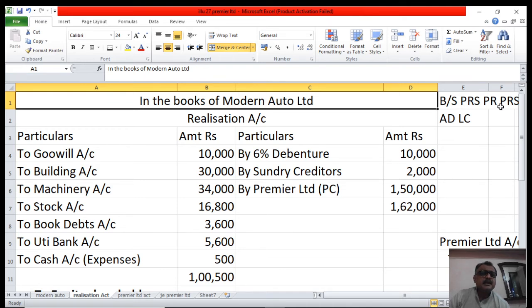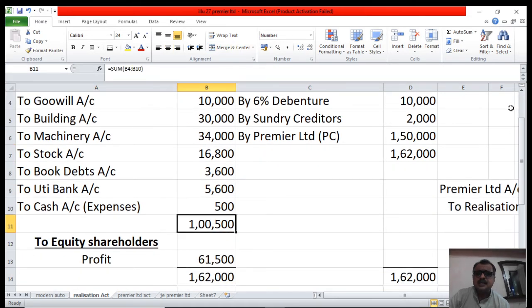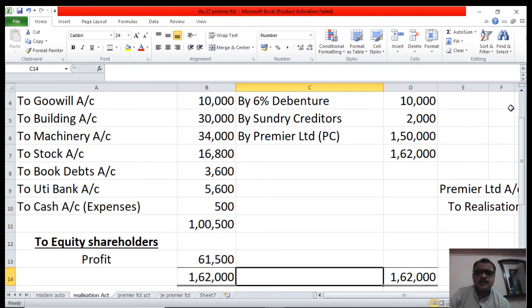Then P stands for payment to preference shareholders, there is no transaction. R stands for realization account closed. Now we will close the realization account. We will take the total of debit side and credit side. The debit side total is 1,50,000 and the credit side total is 1,62,000. So which total is heavier? Credit total is heavier. So we will write the heavier total on both sides.